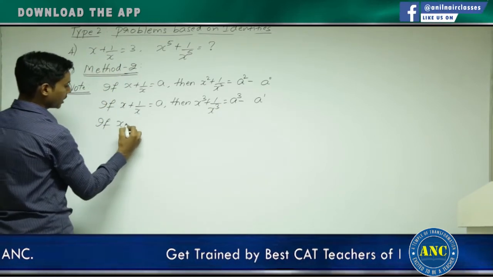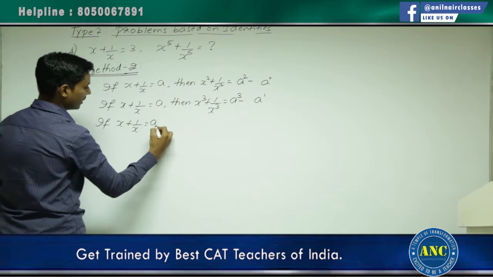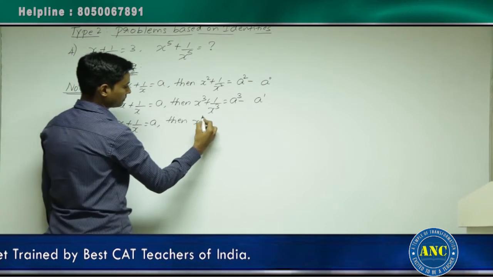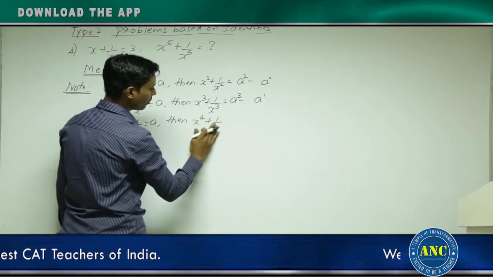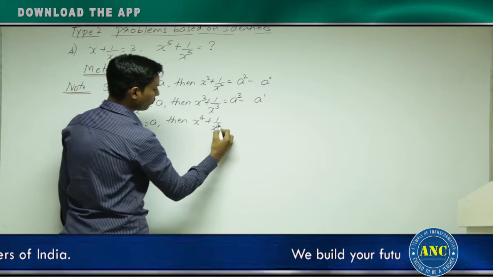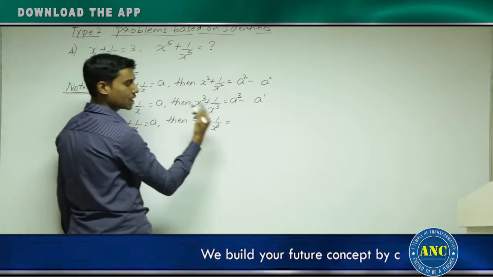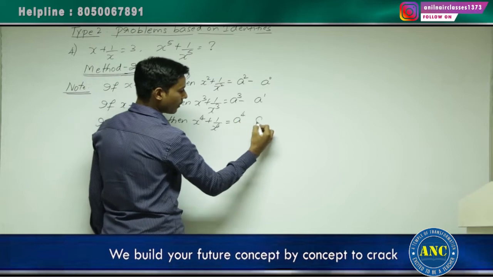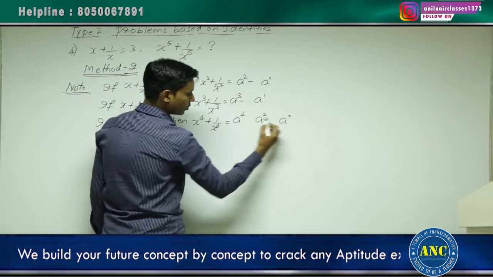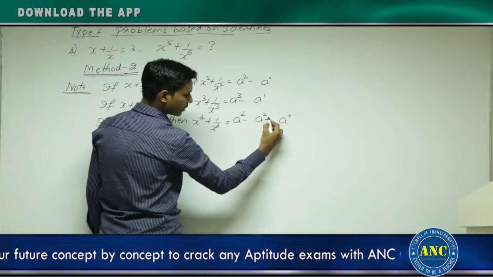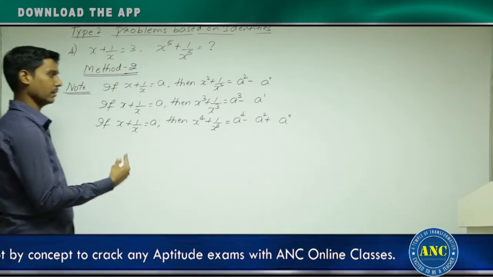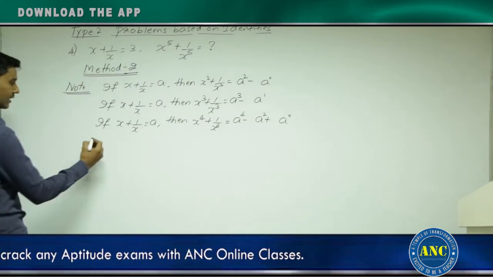Suppose x plus 1 by x is equal to a, then x power 4 plus 1 by x power 4 starts from a power 4, then reduce the power by 2 each time, alternatively plus minus plus. Again the constant we will see later.